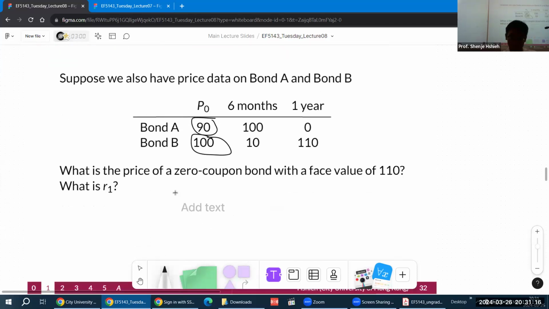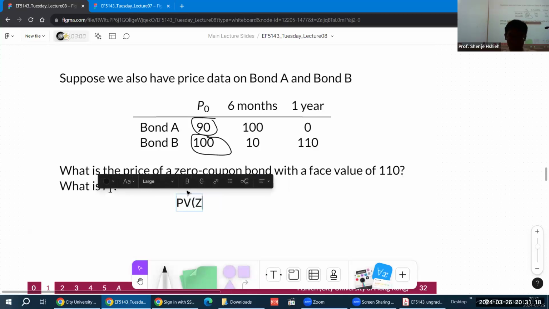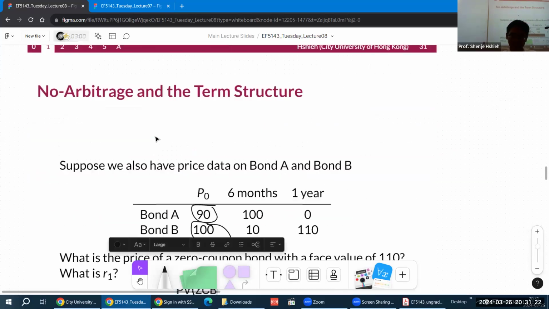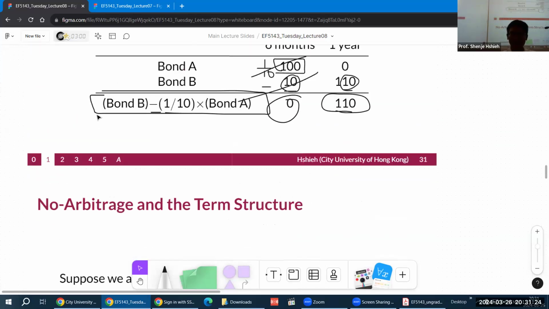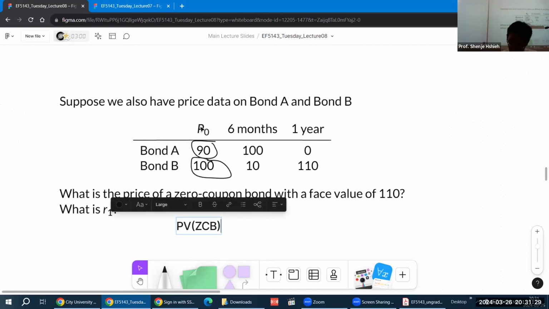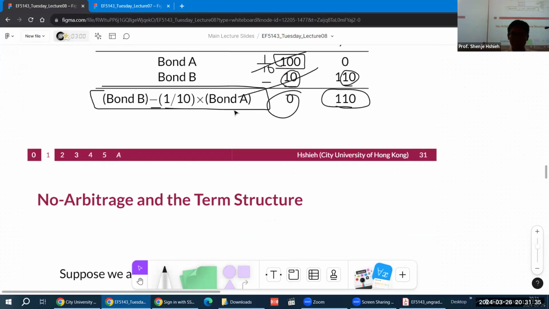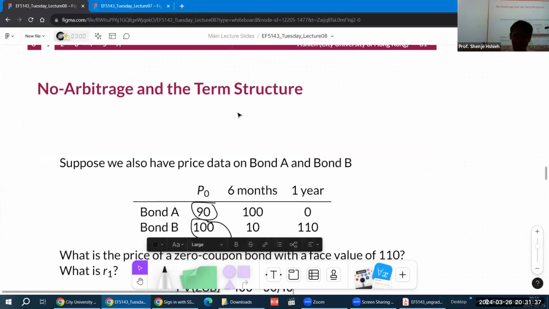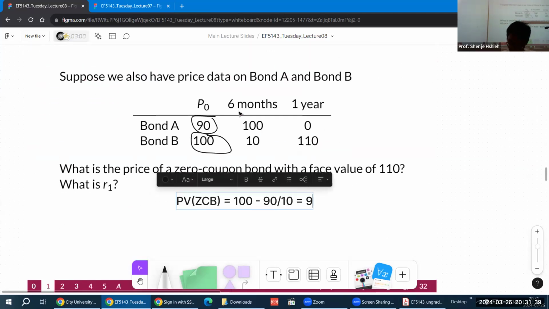So if you take the present value of the zero coupon bond, I'm writing ZCB for this portfolio of bonds, okay? The present value of the zero coupon bond is equal to 100 minus 90 divided by 10, because we're taking 1/10 of the bond A value. That's going to equal 91.